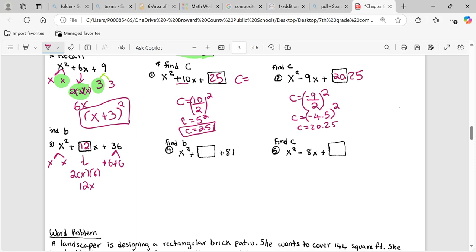All right, so finding the b term, welcome back. You should have 81 can be split into 9 and 9. 81 is a perfect square. It's 9 times 9. And for x, it's x and x. So then the middle term should be 2 times x times 9. That's what makes it a perfect square. That means the middle term is 18x.